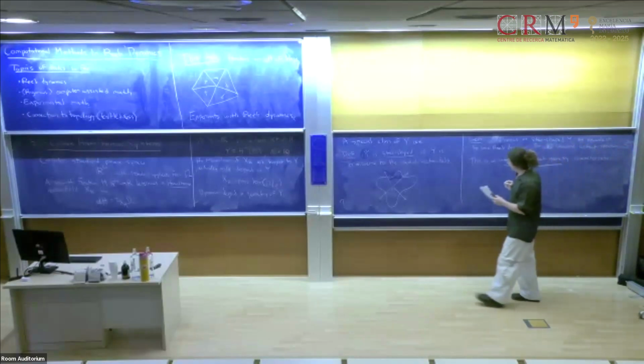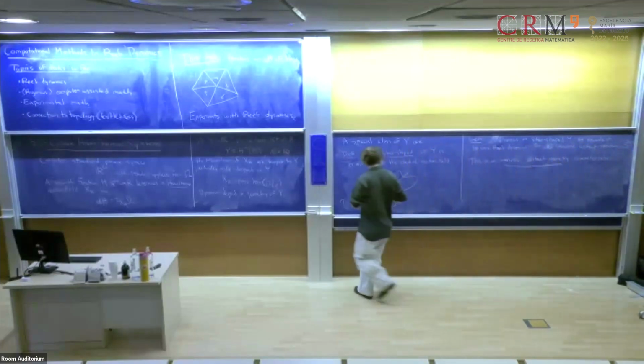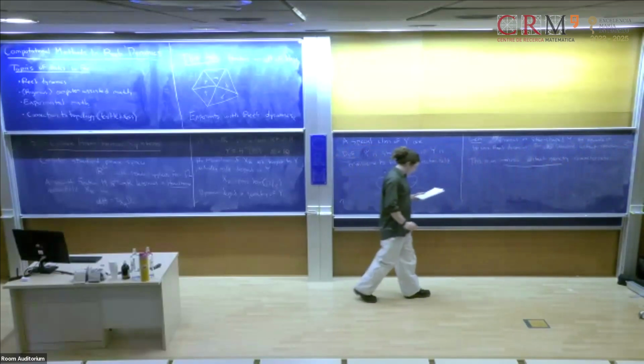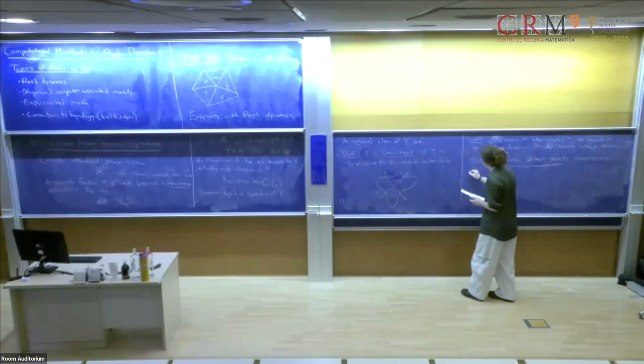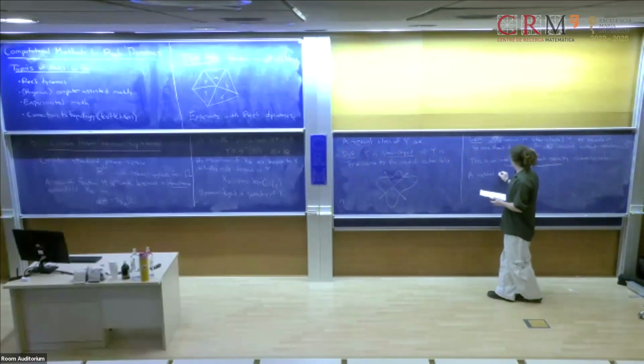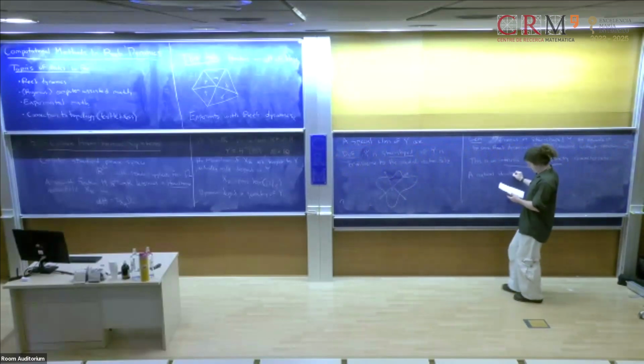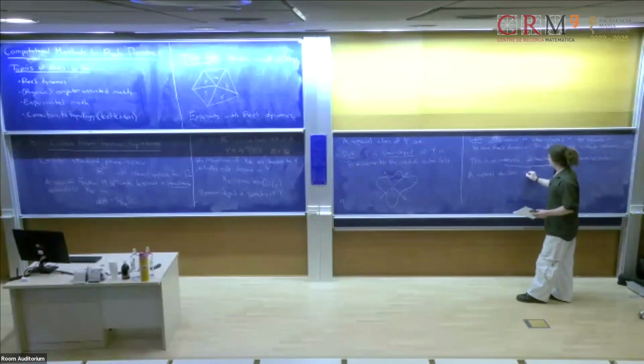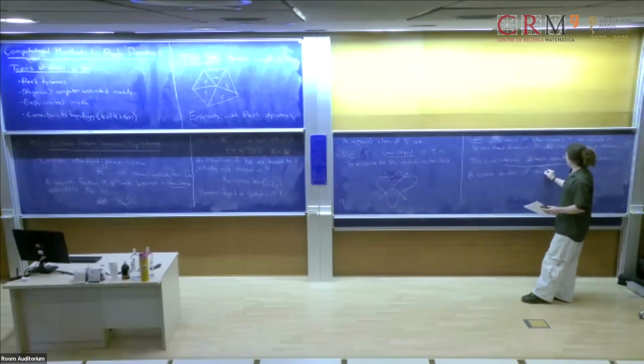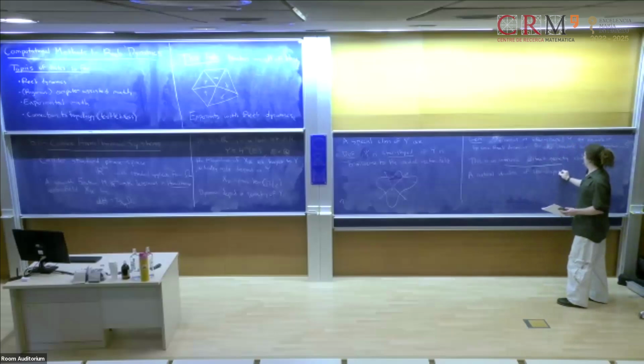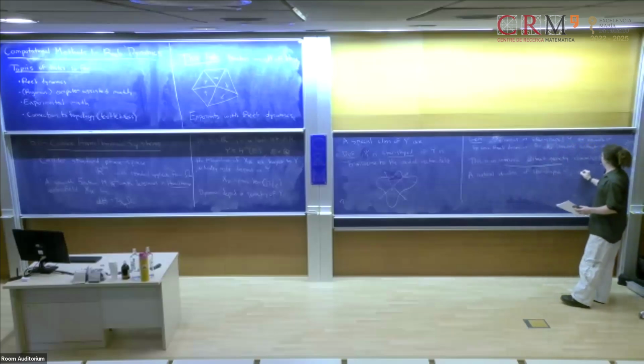All right. On the other hand, there's a natural subclass of star-shaped objects: those that are convex.